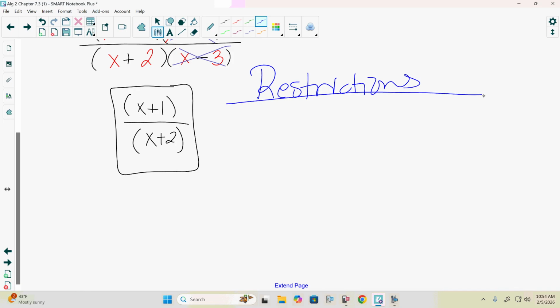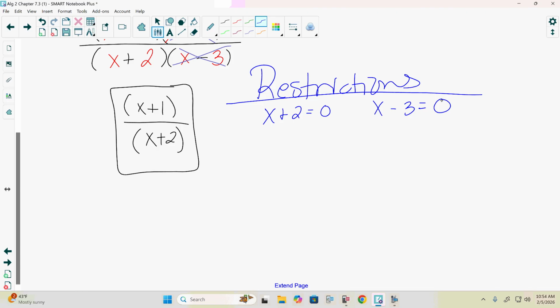Restrictions. Restrictions are just our values of x that would make the denominator be 0. So here, for two places, we'd have a denominator of 0, division by 0: x plus 2 and x minus 3.